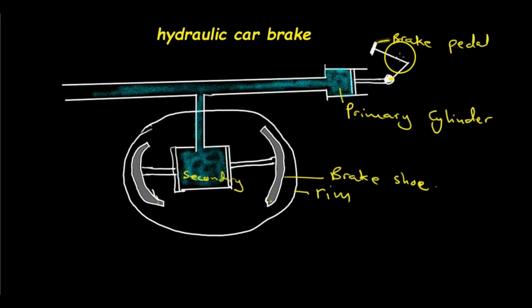Now when I press on this pedal, I apply a force that is transmitted into this cylinder by this lever system. So a certain force F1 results in a certain pressure P1 as a result of the area inside of this region.